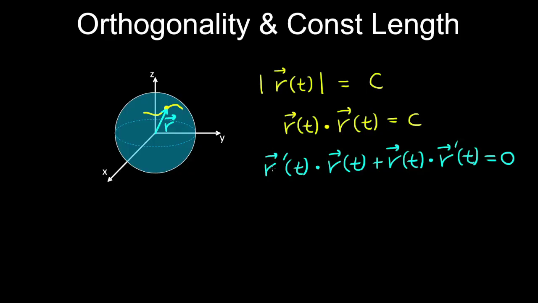So therefore we get 2r dash of t dot r of t is equal to 0, or the dot product between the derivative and the vector valued function is equal to 0. So this is the velocity vector and this is the position vector, and these vectors are orthogonal. And this is true for any differentiable vector valued function with a constant length.